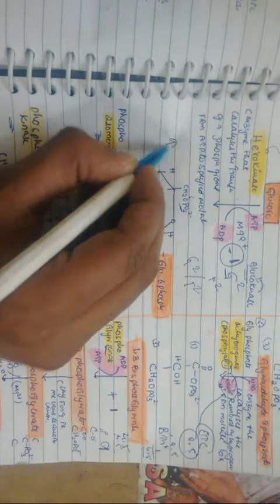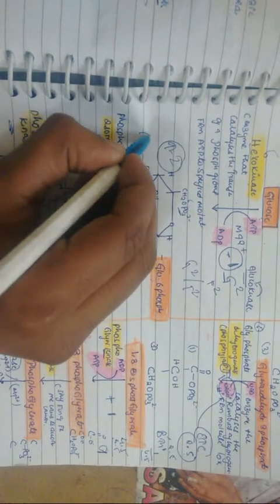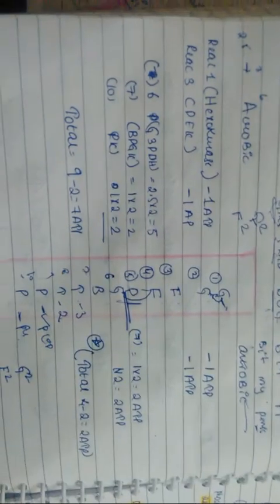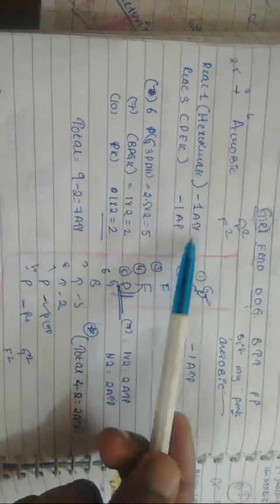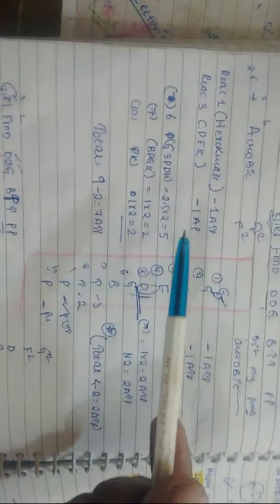So what is the answer now? 9 minus 2 is 7 ATP. That's what is written in our energy sequence. At the first equation 1 ATP is used, at the third equation 1 ATP is used, and at the sixth equation there is formation of 2.5 into 2 NADH, so you got a 5 here.